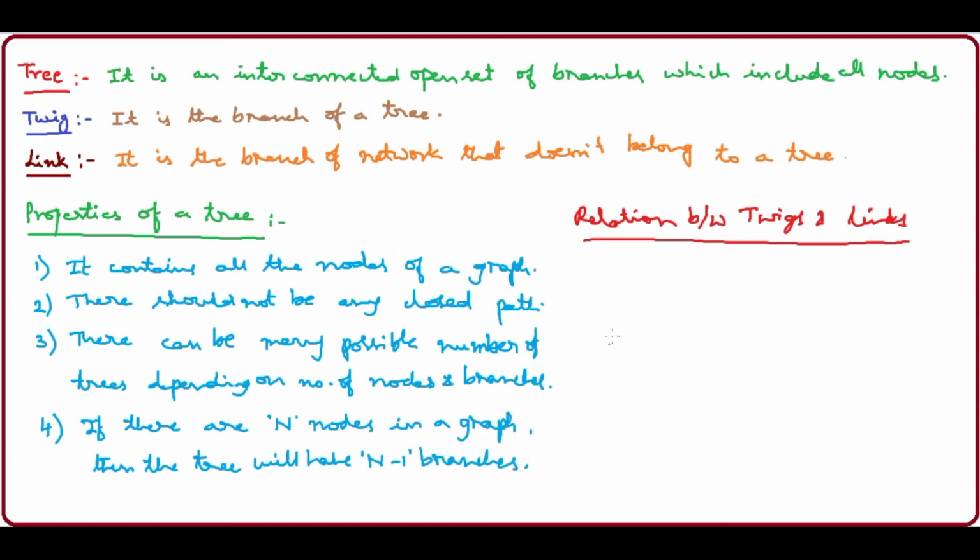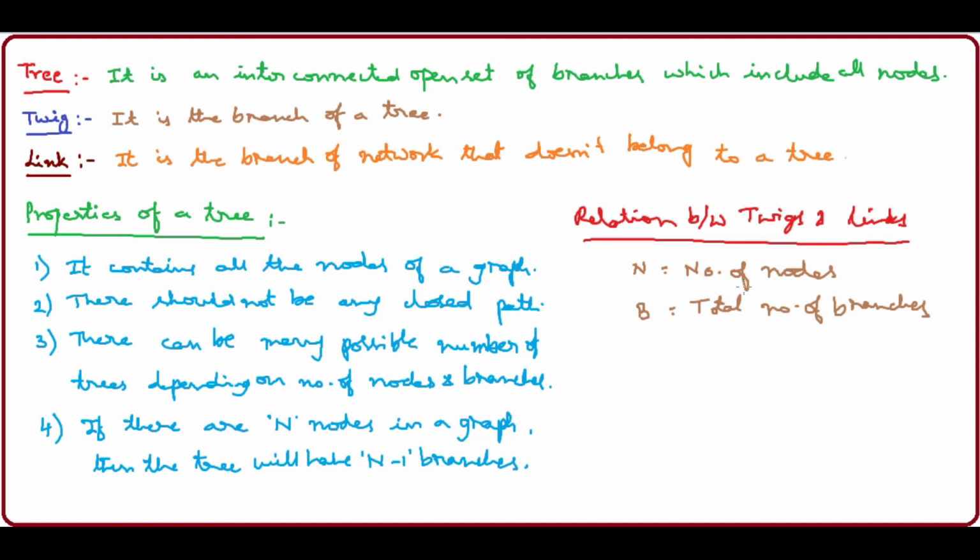A graph has been given to us, and let capital N be the number of nodes and capital B be the total number of branches in the graph.